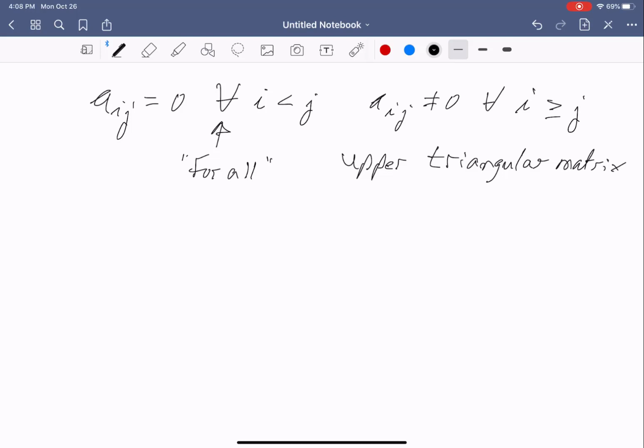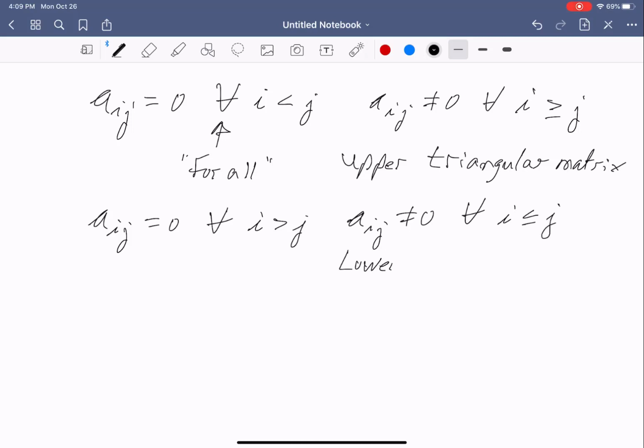And likewise, for a lower triangular matrix, we can write that exactly the opposite. Again, Aij is equal to 0 for all i greater than j, and Aij is not equal to 0 for all i less than or equal to j, and that's a lower triangular matrix.